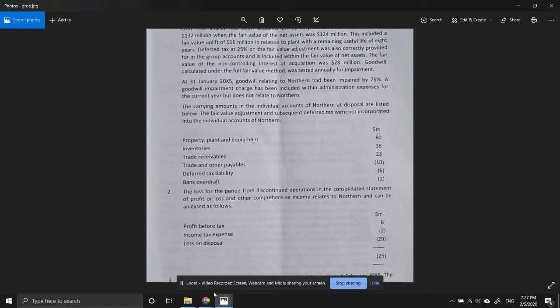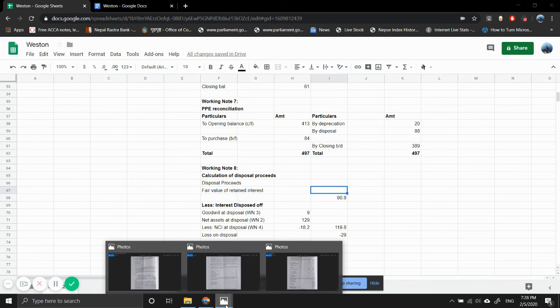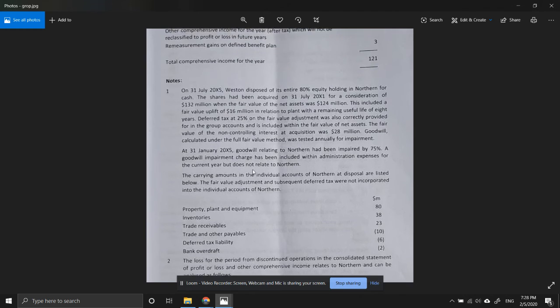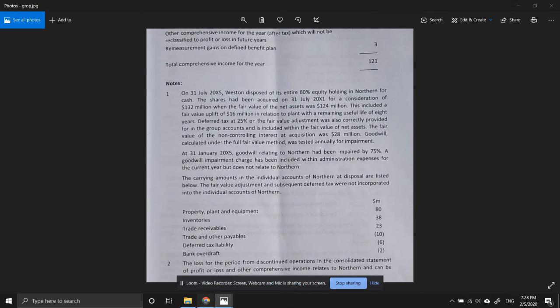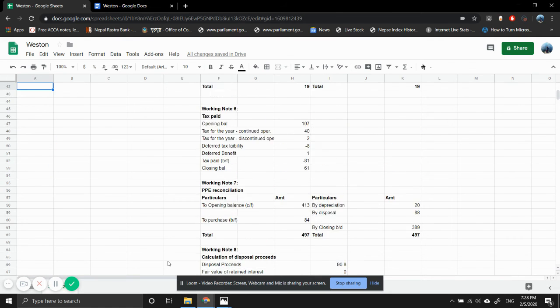It was 29, right? 29 minus 29. So this figure will be plus this 90.8. We did dispose of the entire 80%, good. So this is 0. This figure will be the same figure as this, right? So this will be our disposal proceeds of 90.2.